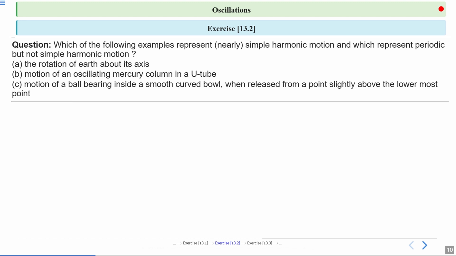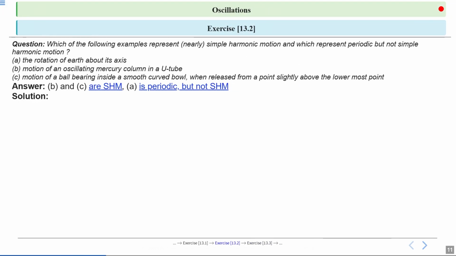C. Motion of a ball bearing inside a smooth curved bowl when released from a point slightly above the lowermost point. Alright, let's see the solution. So, B and C are SHMs, A is periodic but not SHM.